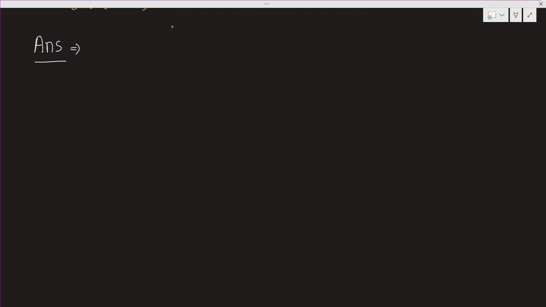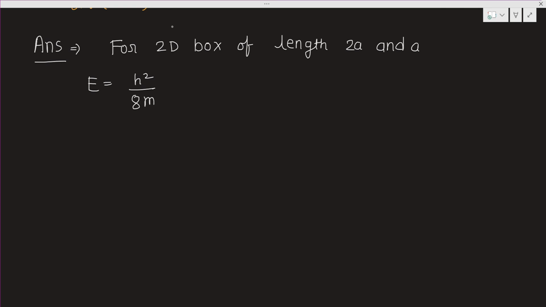See here, you have a 2D box of lengths 2A and A. This is given. Okay, for this, E is equal to h² upon 8m times (n_x² upon l_x² plus n_y² upon l_y²).